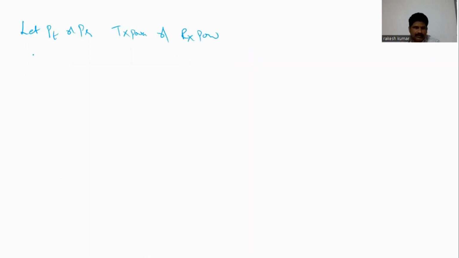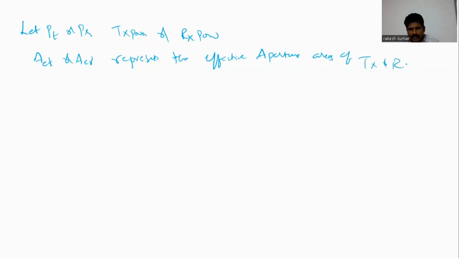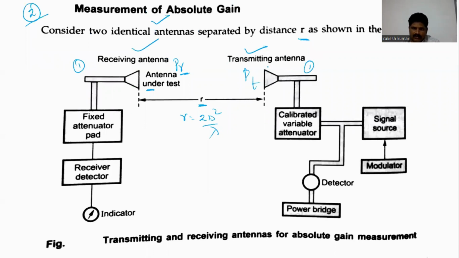And let AET and AER represent the effective areas of the transmitting and receiving ends. For example, this is my transmitting antenna and its effective area is AET, and for this antenna it is AER.